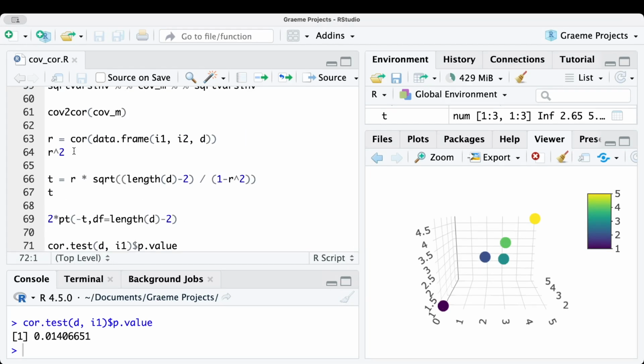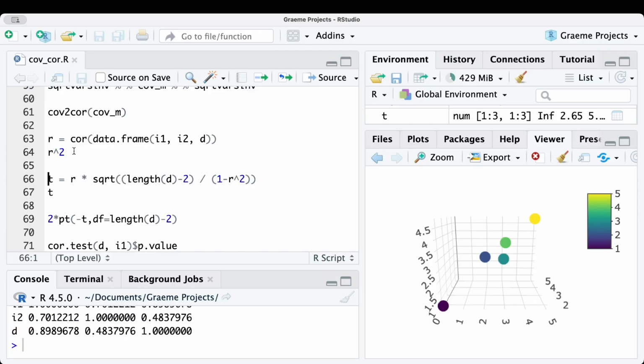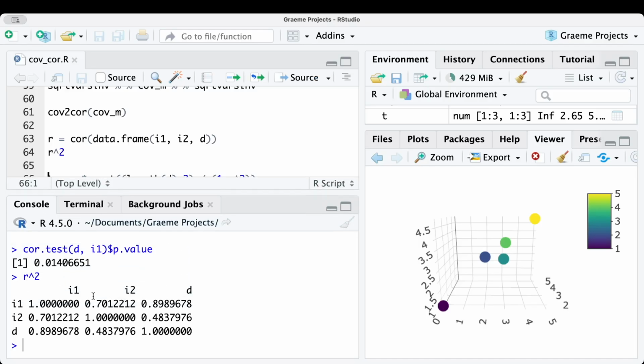But I'd like to return to this r squared that I had talked about a little bit earlier. The r squared is called the coefficient of determination, right? It tells you the proportion of variance that is explained, so this one would tell you the proportion of variance in D that is explained by I1.